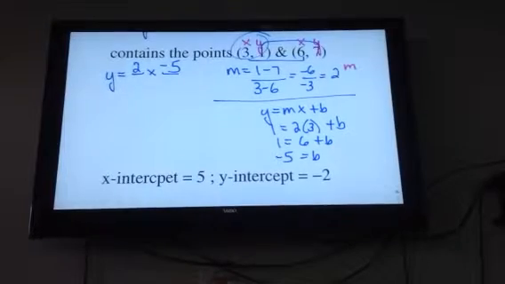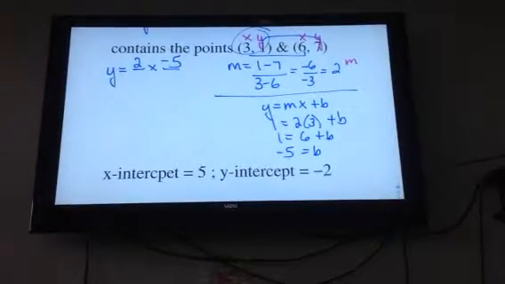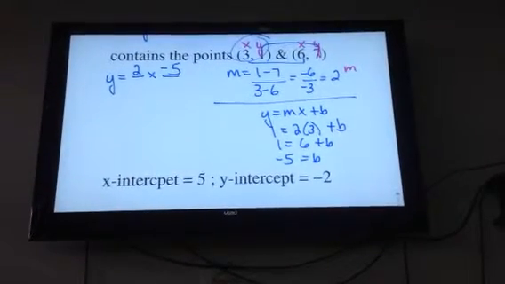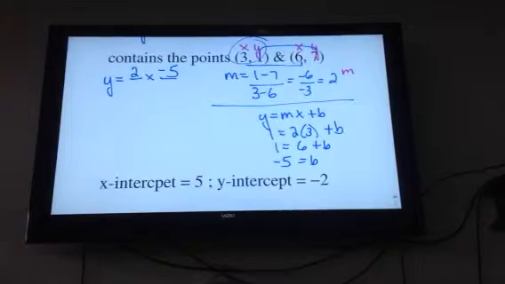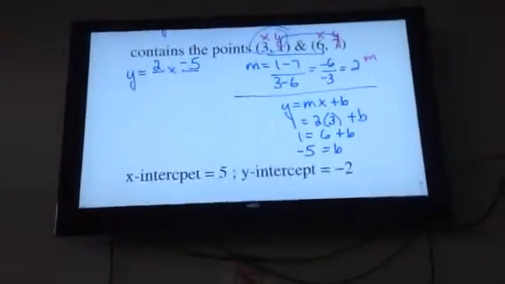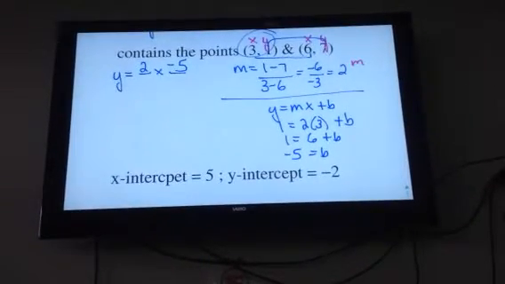And I go fill that in. 2x minus 5 is my answer. Y equals 2x minus 5. So, when you're filling in those blanks, you got to think, I've got to get M, and I've got to get B. And you got to know, using what we've done so far in this chapter, how to find those.